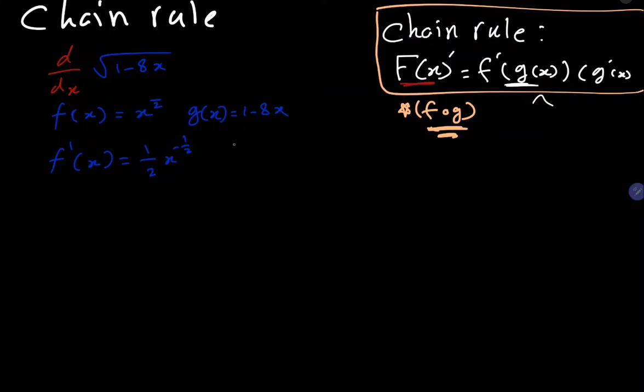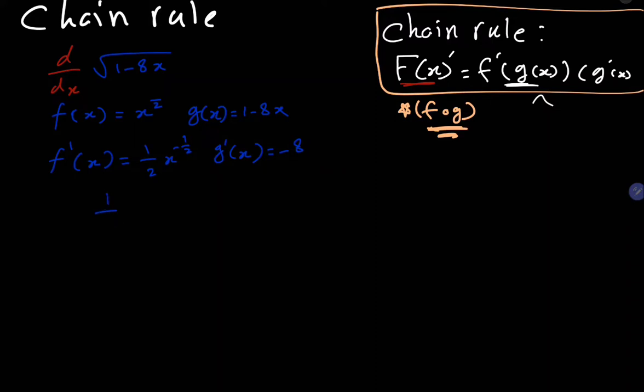The derivative of g of x is basically 1 minus 8x, so it's just going to be minus 8, because the 1 is a constant and goes away, and x is raised to the power of 1, so it's just going to be minus 8. Now we apply the same rule.